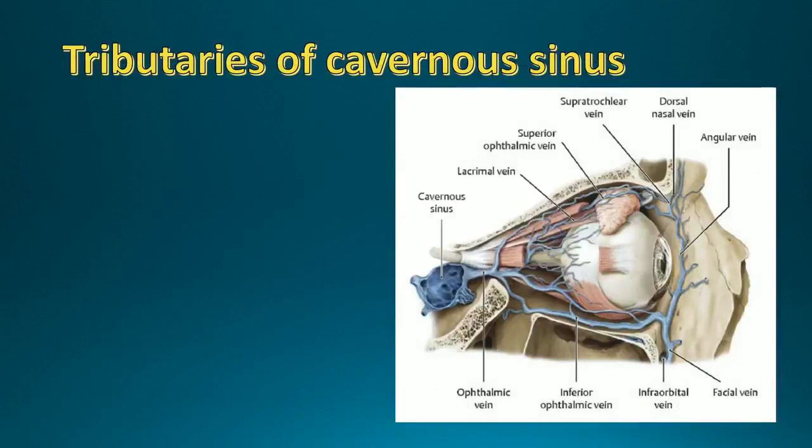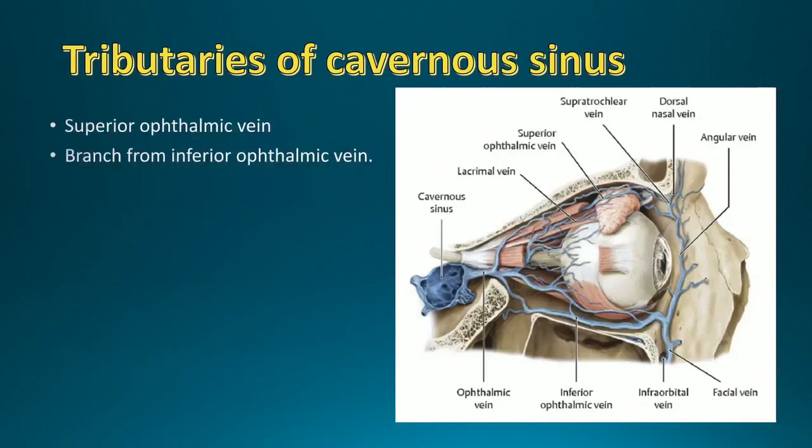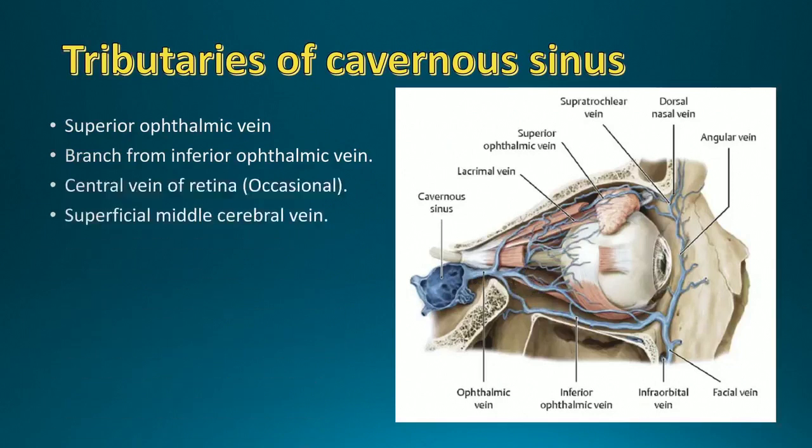The next structure which we are going to discuss is the tributaries of the cavernous sinus. With respect to the tributaries, the superior ophthalmic vein drains into the cavernous sinus. Then a branch from the inferior ophthalmic vein also drains into the cavernous sinus. Then superficial middle cerebral veins, and the central vein of retina.